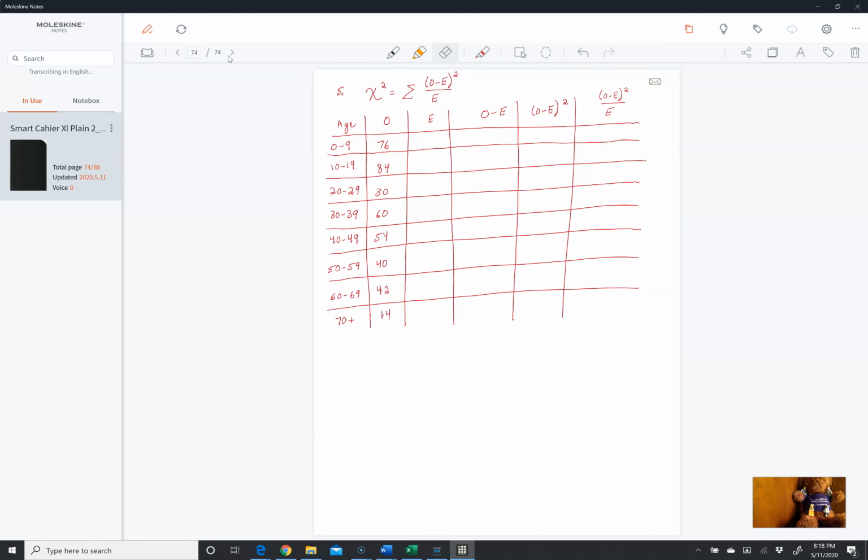And the expecteds were 64, 80, 32, 56, 60, 48, 40, and 20.